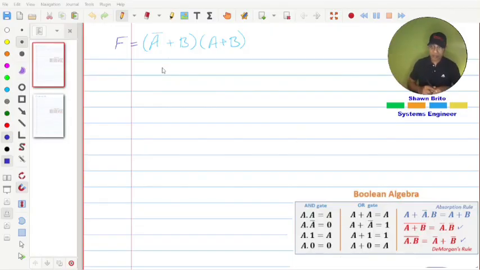So how do we simplify this expression? F equals A bar plus B, multiplied by A plus B. I'm looking at this from the angle of logic gates. From that angle, I know there is a NOT gate and an OR gate, a NOT plus an OR gate.